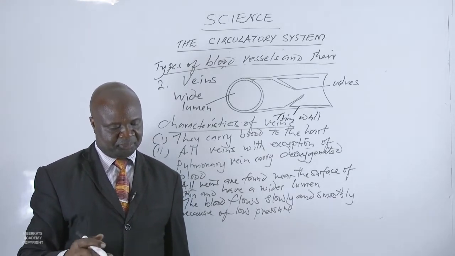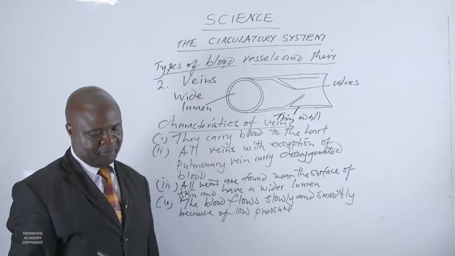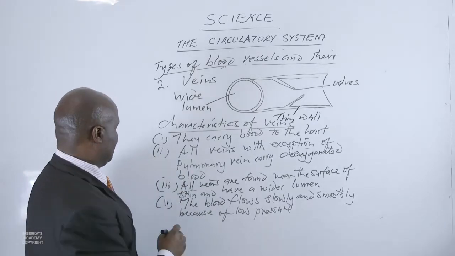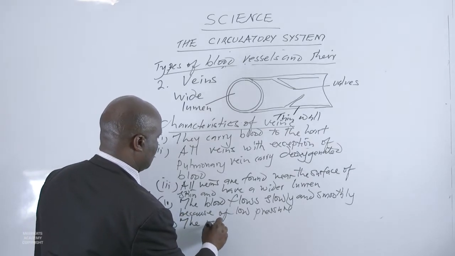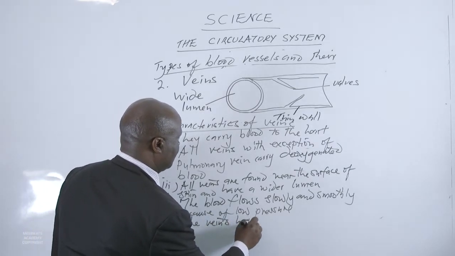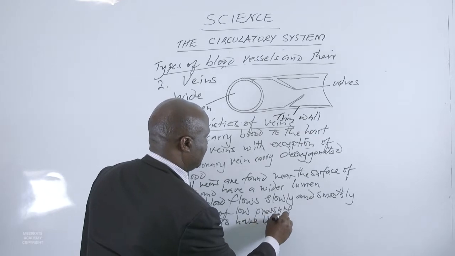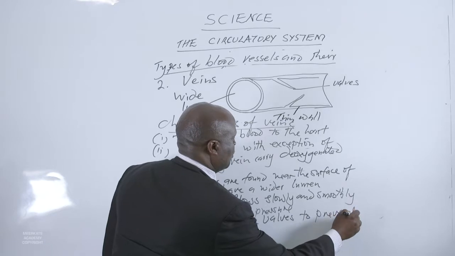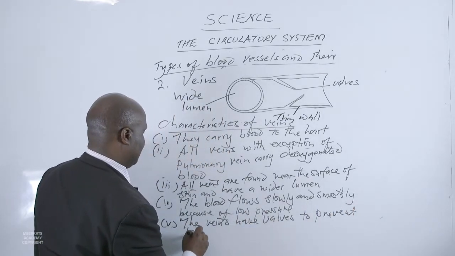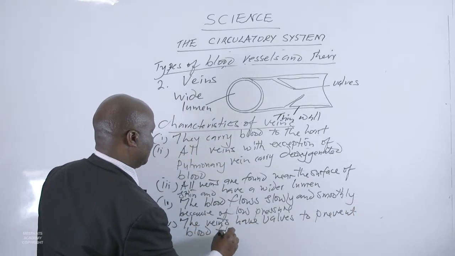The veins also have valves which prevent the blood from flowing back. So you can say the veins have valves to prevent blood flowing backwards.